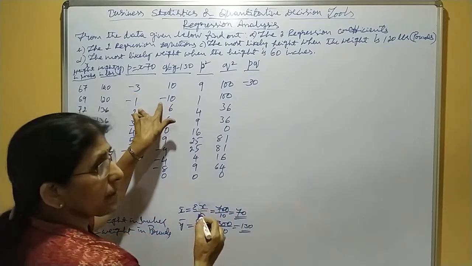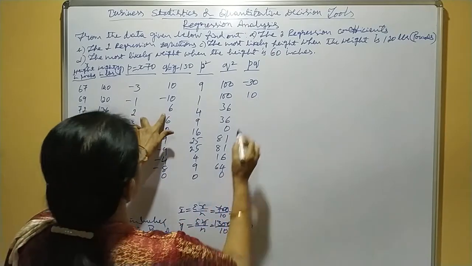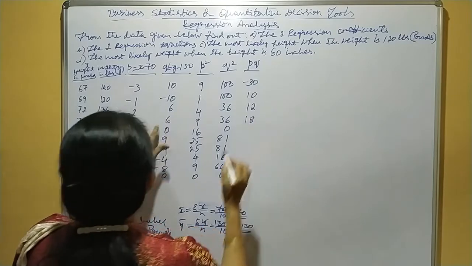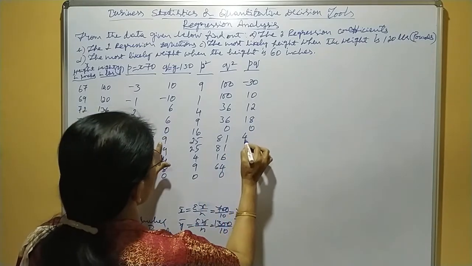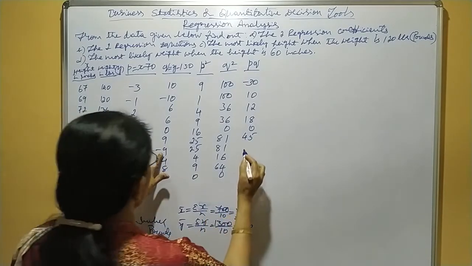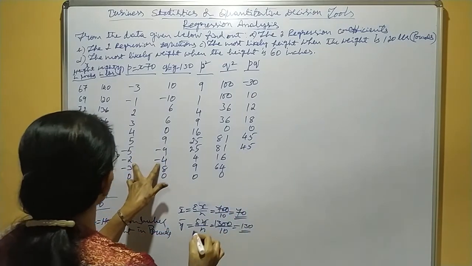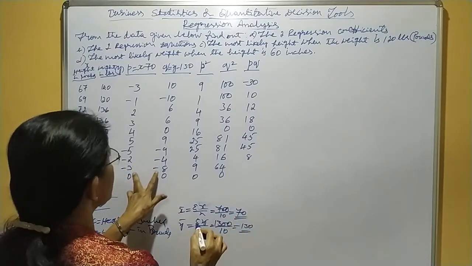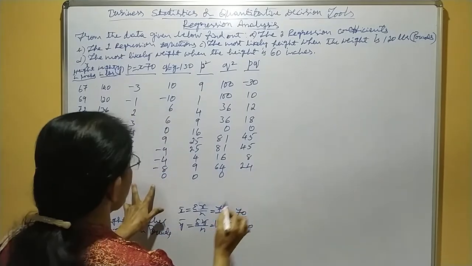Then when both are minus, minus into minus will become plus. 1 into 10, 2 into 6, 3 into 6, 4 into 0, 5 into 9, minus 5 into minus 9, that is plus 45, minus 2 into minus 4, plus 8, minus 3 into minus 8, plus 24, 0 into 0.